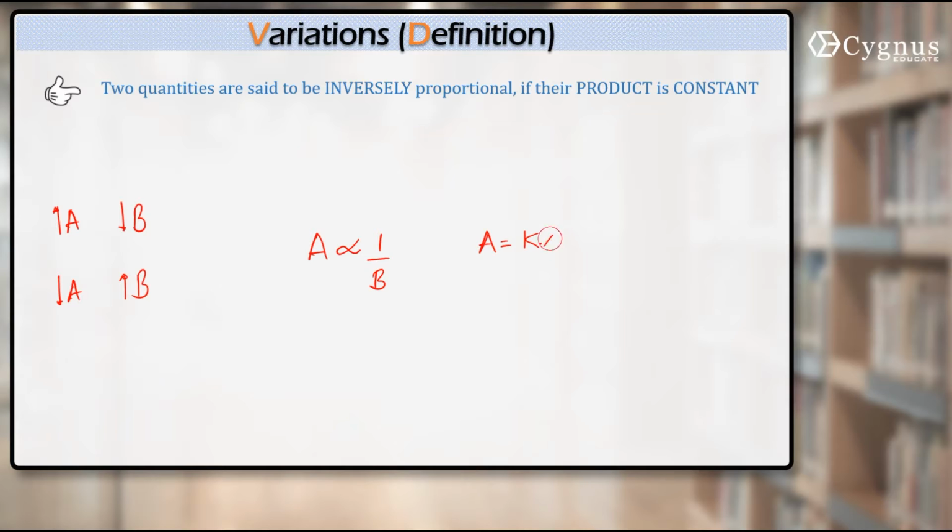By introducing a constant K. So what do we get here? K is equal to A into B. That's why if two variables are inversely proportional to each other, the product will become constant. So how do we write it? A1 B1 must be equal to A2 B2. So the product of those two variables will be constant.